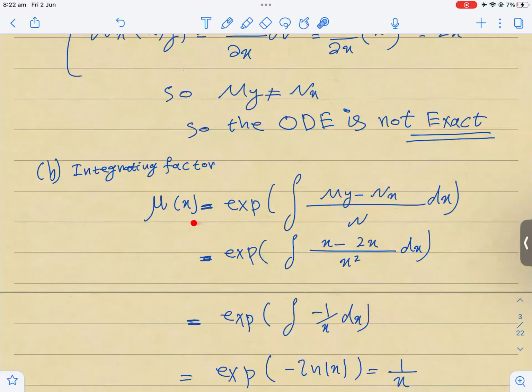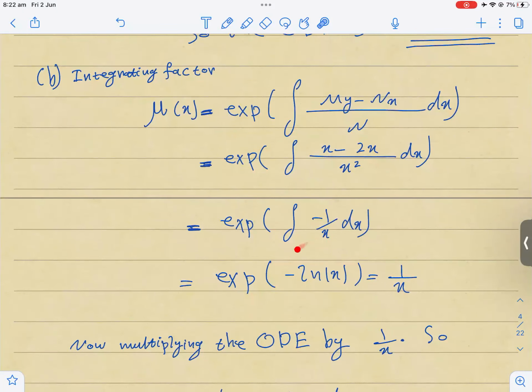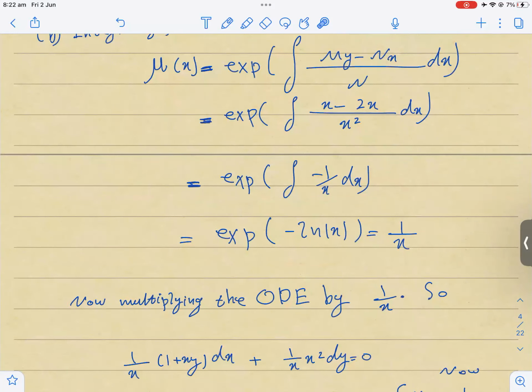I conclude that my integrating factor should be this, mu of x, exponential of this here. All right, so from here, I just substitute, nothing interesting here, and we can obtain this. So this is 1 over x or 1 over the absolute value of x.